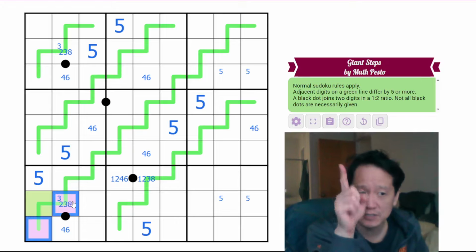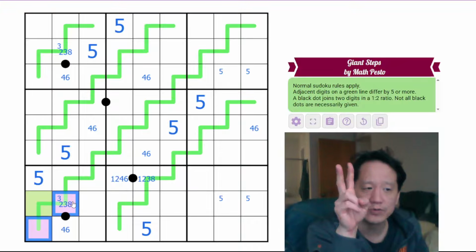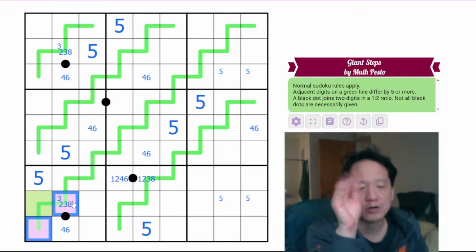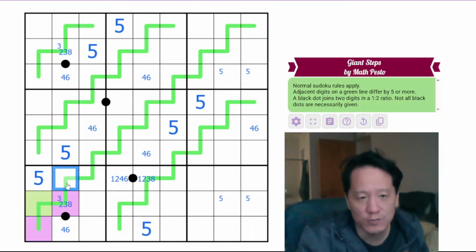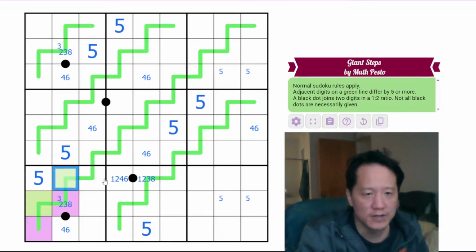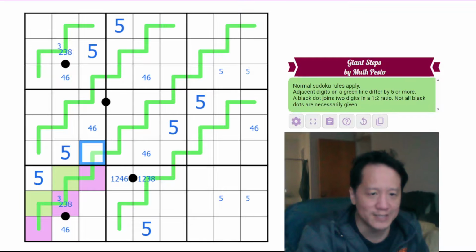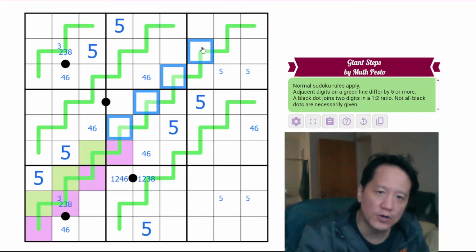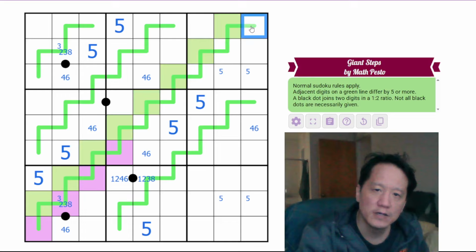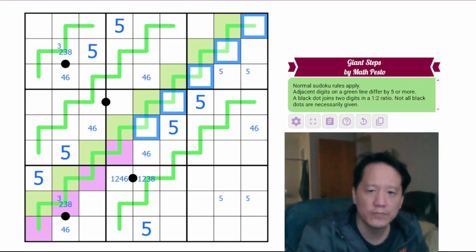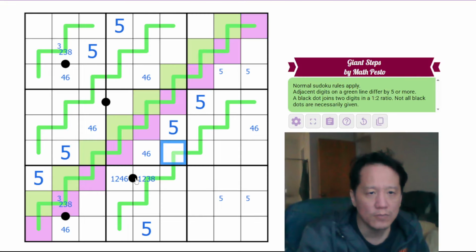Well, 1 can be next to 6 through 9, 2 can be next to 7 through 9, 3 can be next to 8 or 9, and 4 can be next to 9. And those are all high digits, right? So that's why, and it works the other way around. So these have to be essentially low, one set with the other set being the one next to it. So these are all green, and these are all pink. Okay.